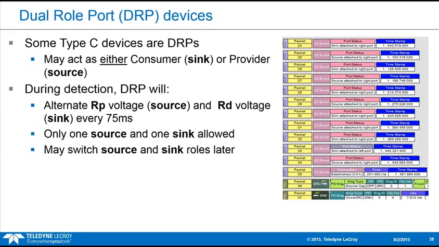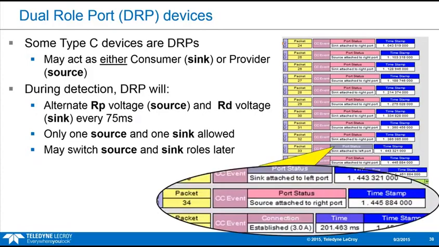So a DRP, by rule, is supposed to switch between showing RP and RD every 75 milliseconds until it sees the opposite on the other side. This is what it looks like on the analyzer, so we can record this. The DRP is toggling between source and sink voltages. And then the cable comes in, connecting the far end, and it finally sees the pull down.